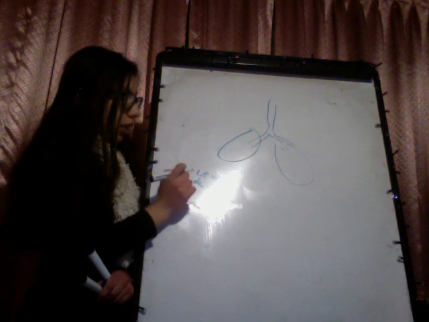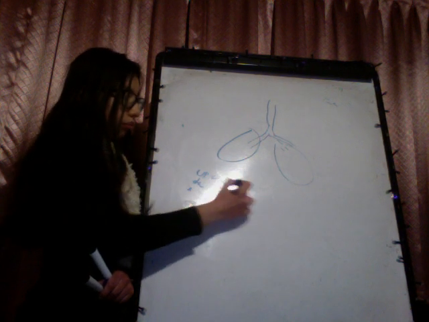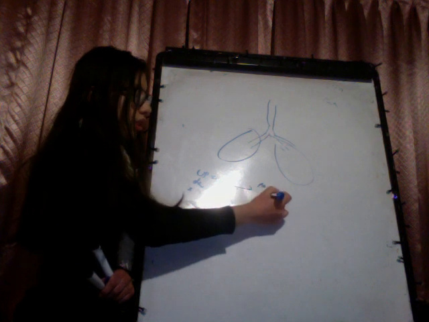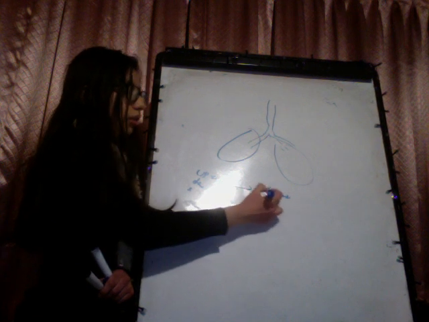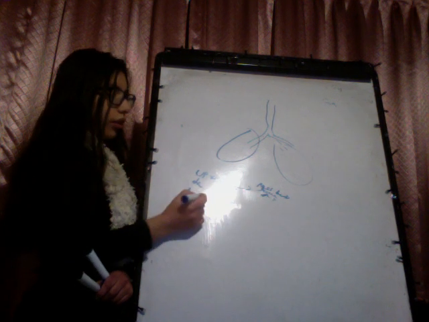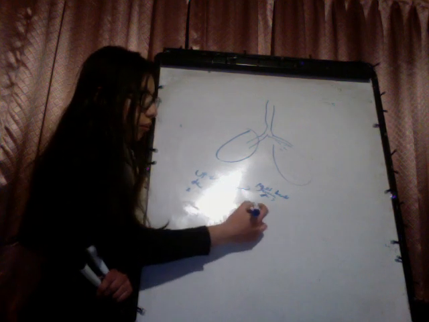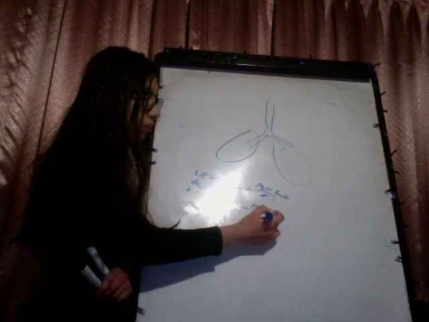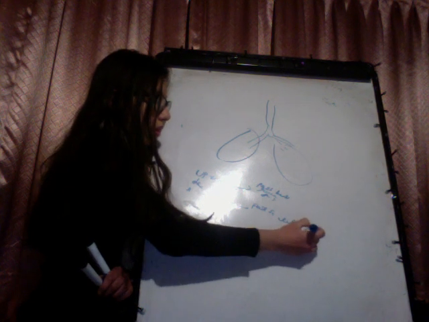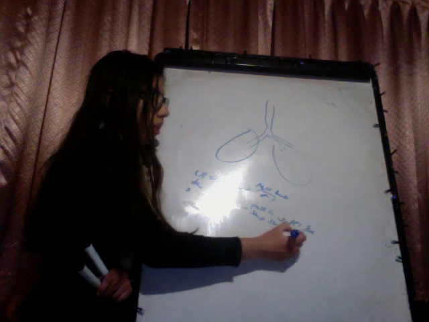Now, if we are in the upright position, it goes to the posterior basal segment of the lower right lung. And if we are in the supine position, this can go to the posterior segment of the upper lobe, or could go to the superior segment of the lower lobe.